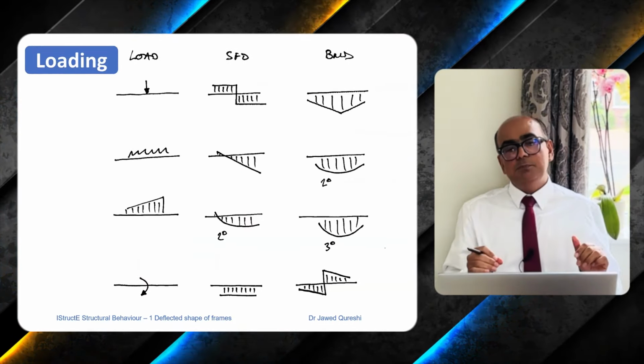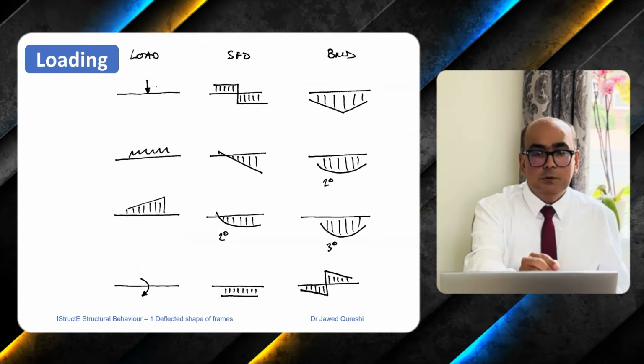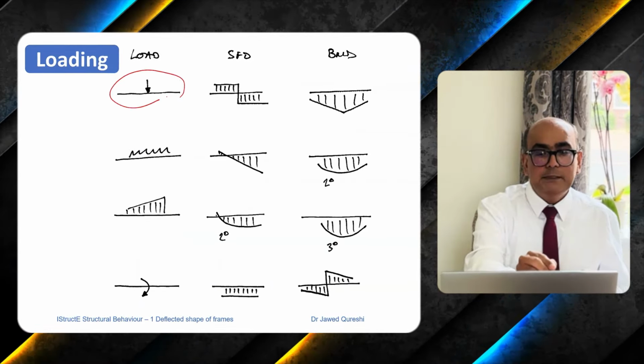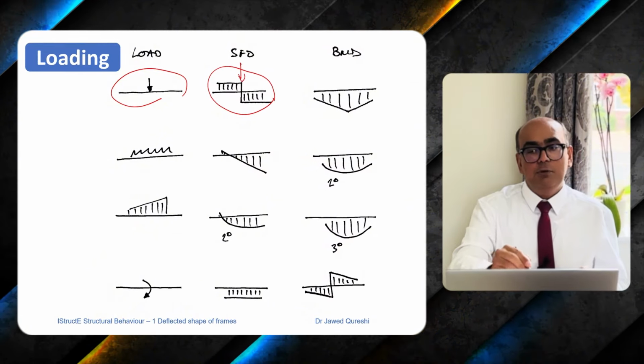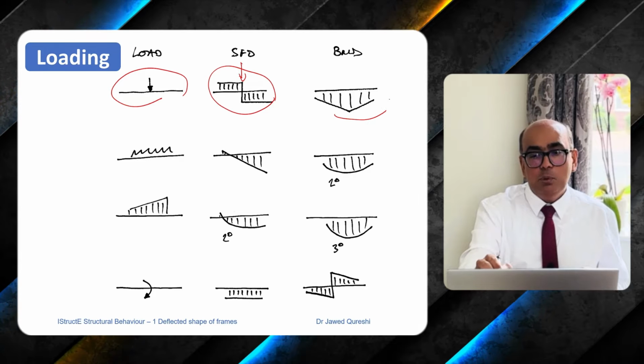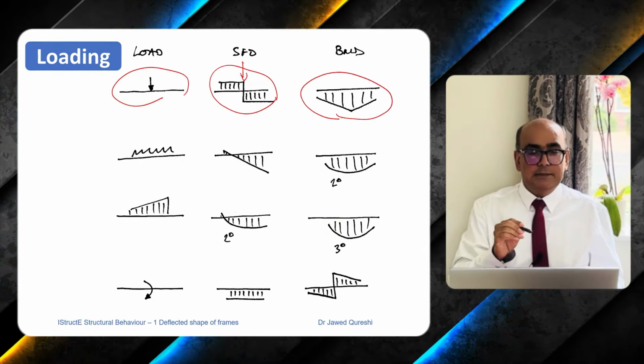The second most important factor is loading. In loading, if we have a point load, the shear force diagram will be drawn like this, and the diagram will drop immediately where you have a point load. And bending moment diagram will consist of only straight lines.